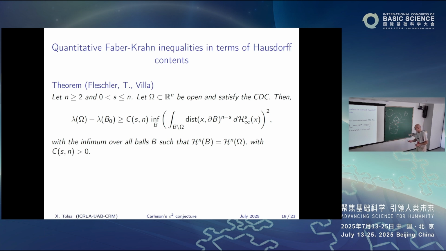And then we put here the distance from x to the boundary to the power n minus s. So s is some number smaller than n. You could think that s is equal to n minus 1, for example.